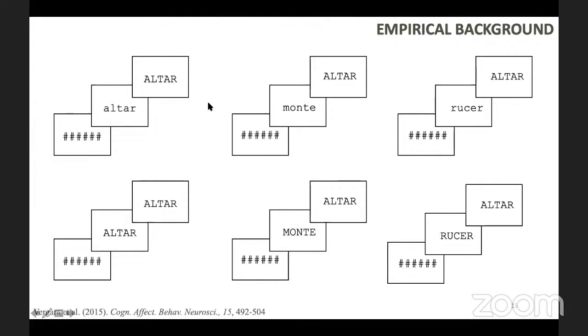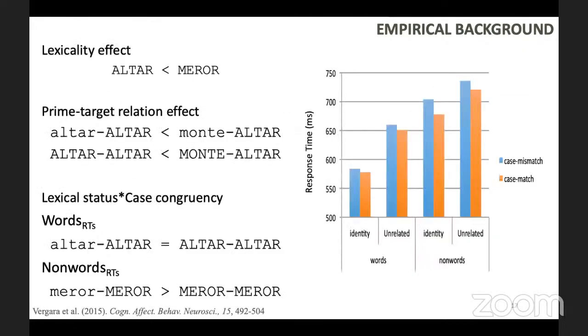So in this task, the targets were always in uppercase, and the primes, which could be identical or unrelated to the target, were presented in lowercase or in uppercase. And obviously, the target could be a word or a non-word, a pseudoword.